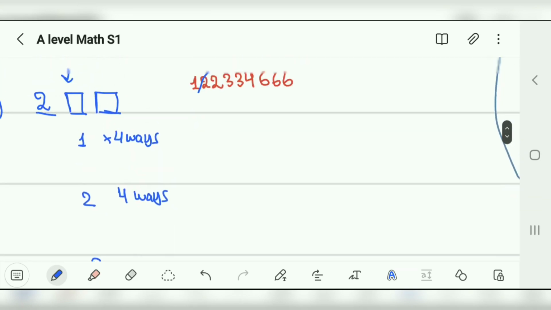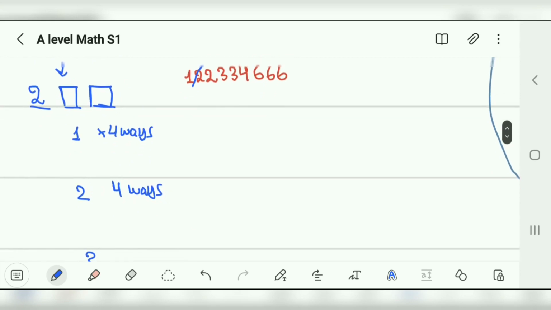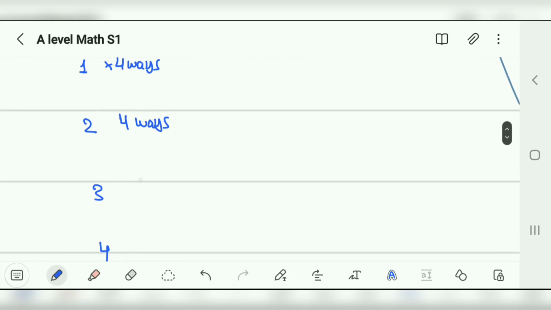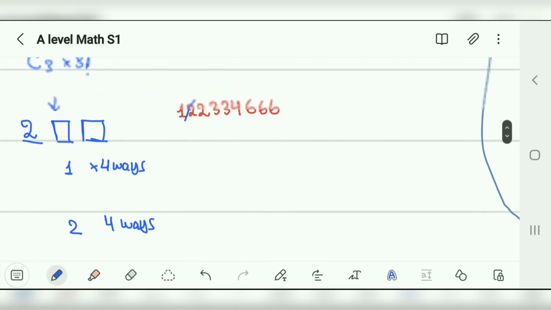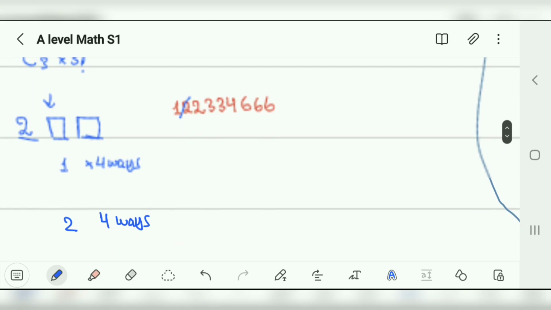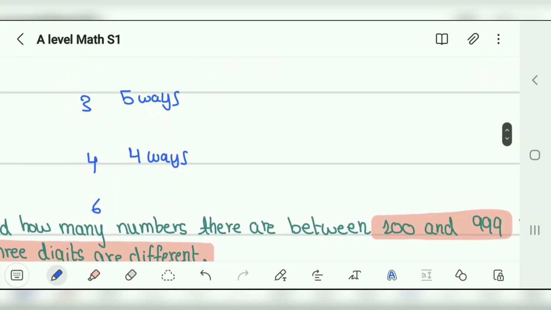If I get 3, I could get 1 2 3 4 6, which means 5 ways. If I get 4, then I could get 1 2 3 6, 4 ways. If I get 6, then I could get 1 2 3 4 6, which means 5 ways.